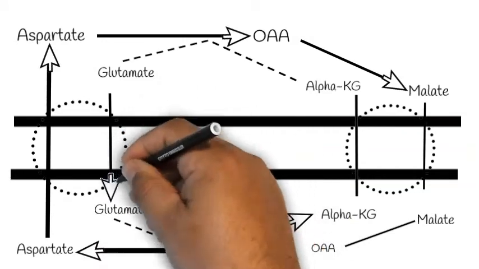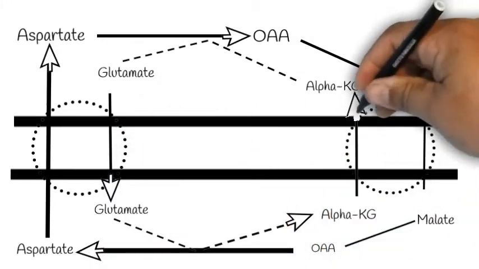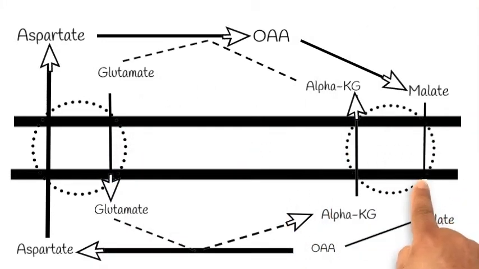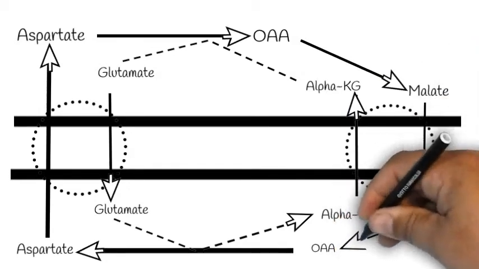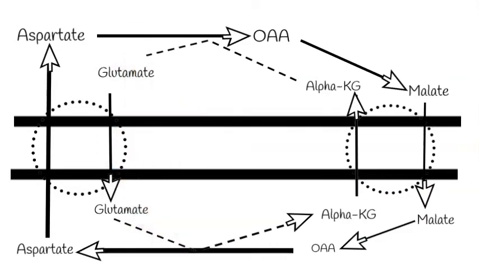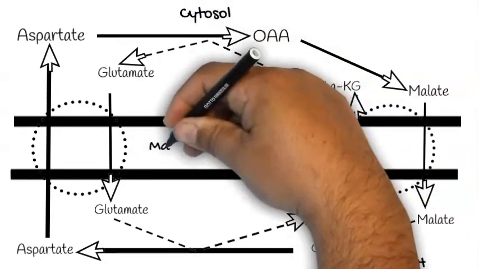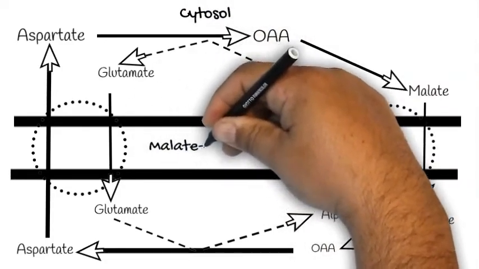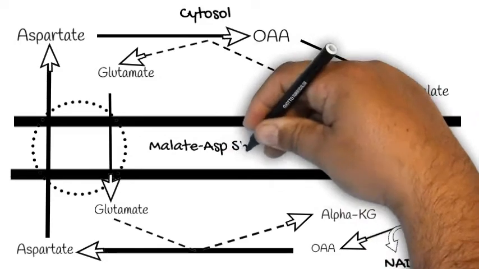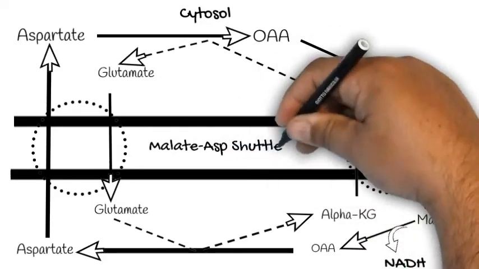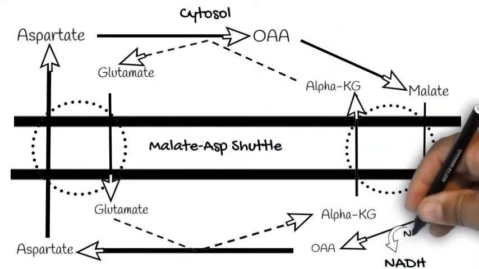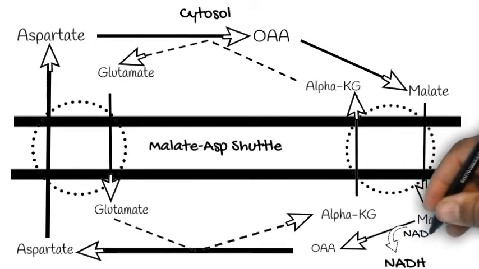shuttle. Inside the shuttle, we have the glutamate donating its nitrogen to form alpha ketoglutarate. And you can see that process occurring in the mitochondrial matrix as well, where the glutamate transfers its nitrogen to oxaloacetate to form aspartate, resulting in alpha ketoglutarate.